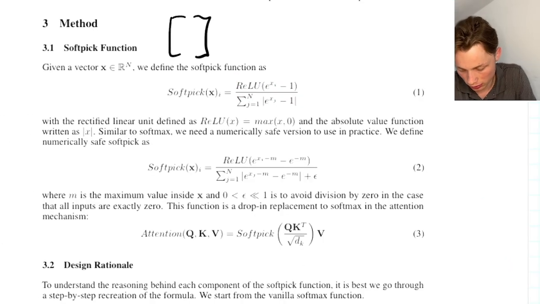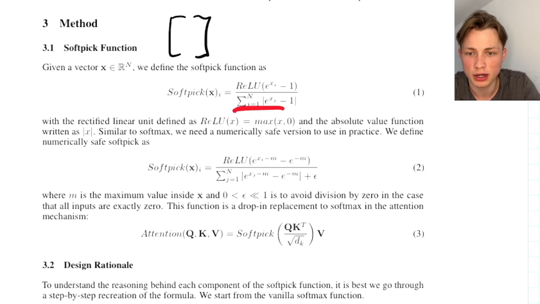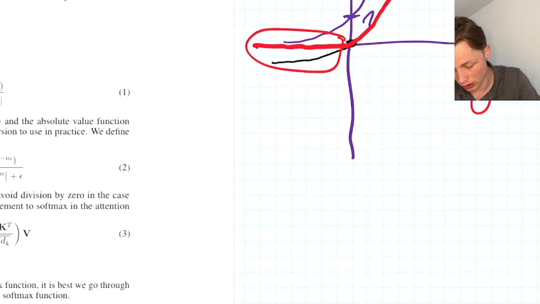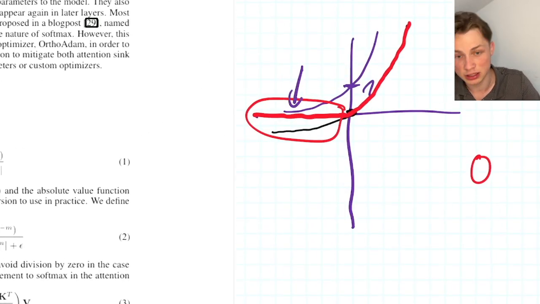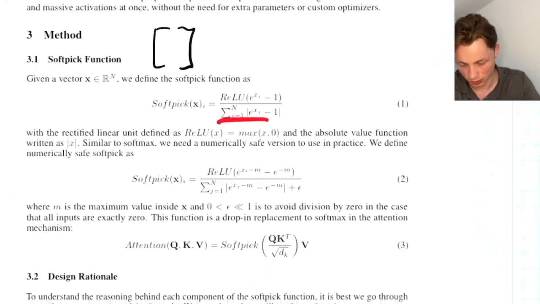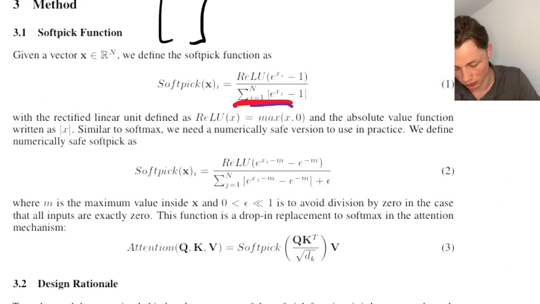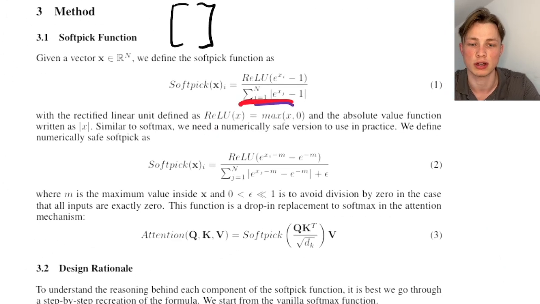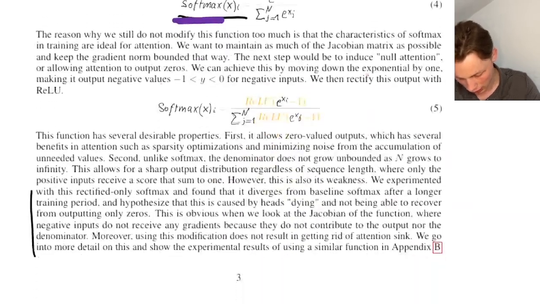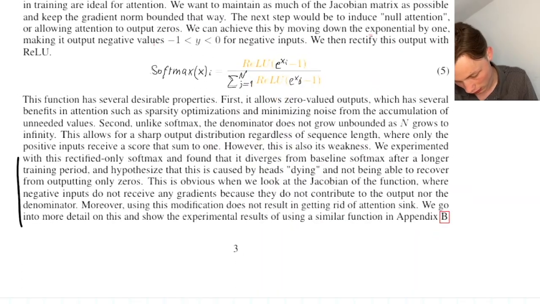If we now look at the denominator, we see there we didn't have the ReLU, and this is because if we have our ReLU function, we don't have a gradient here, because the slope of this function is 0 for negative values. And if we're putting here, instead of the absolute value function, also the ReLU function in the denominator, it leads to very bad gradients. I think they're saying it here.